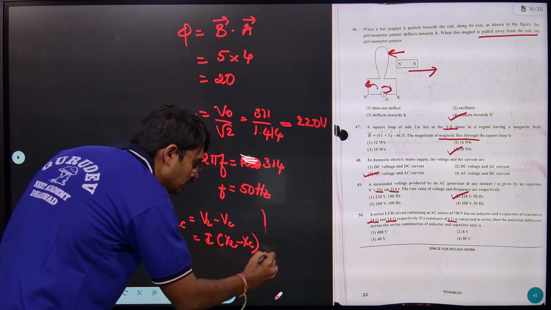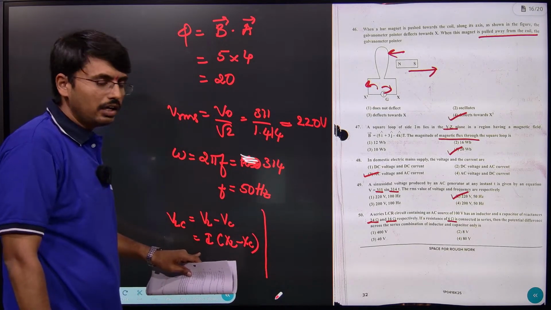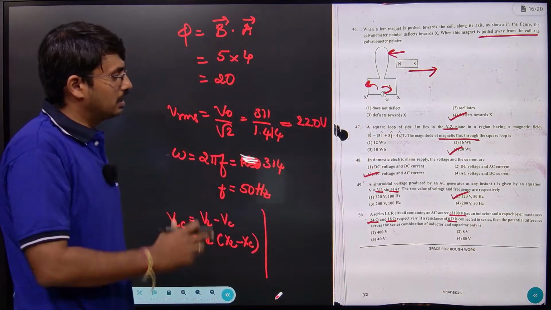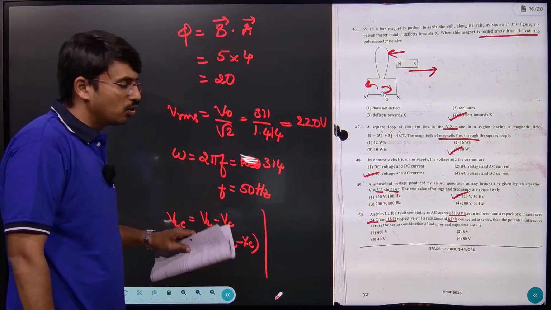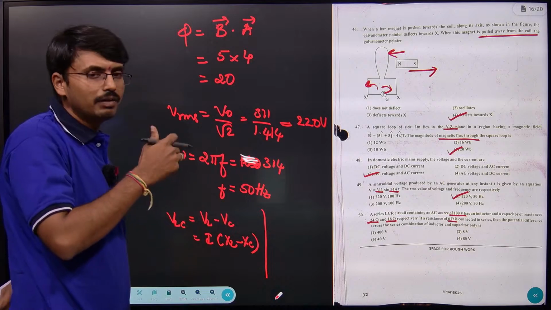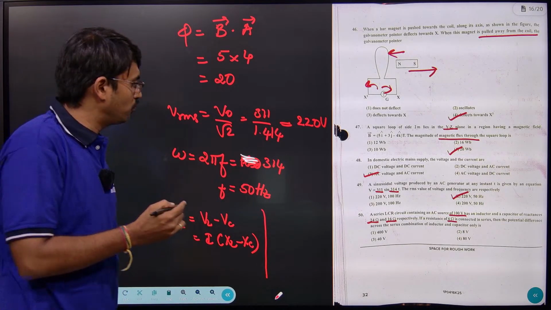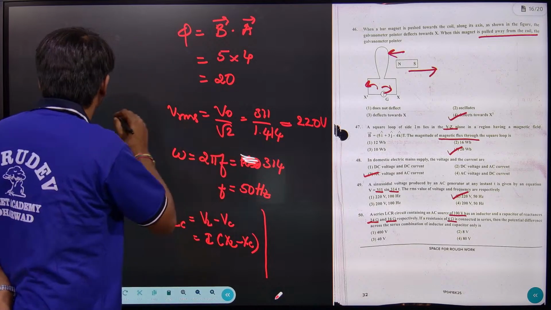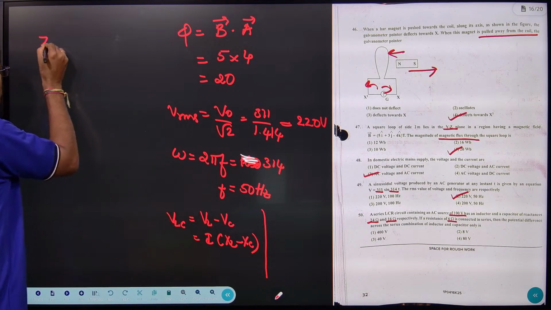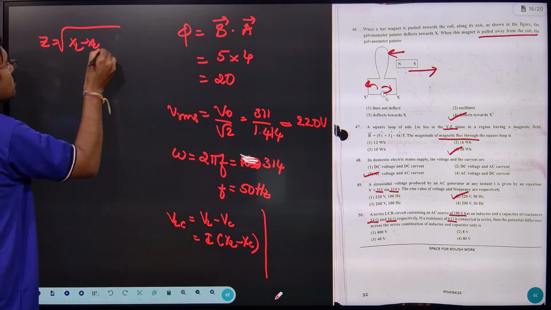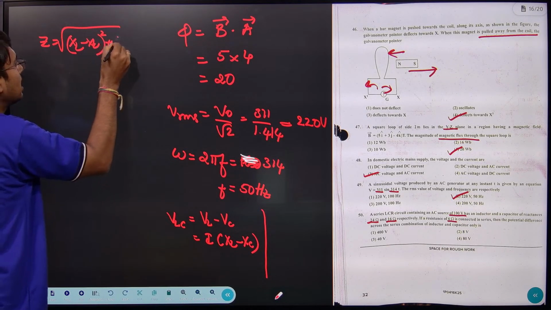How to find I? We know the total potential, 100 volt, and I equals V divided by Z, where Z is the total impedance. The equation for Z is the square root of (XL minus XC) squared plus R squared.